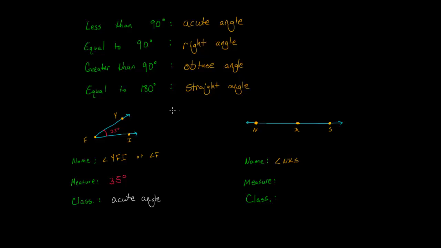X is in the middle, just like if you took this one over here and we laid this completely flat, we have to keep our X in the middle. We can also name this as an angle X. Alright, our measure, it's a straight line. Any straight line measures to be 180 degrees. Now if we're going to classify that, if it is equal to 180 degrees, this will be a straight angle.